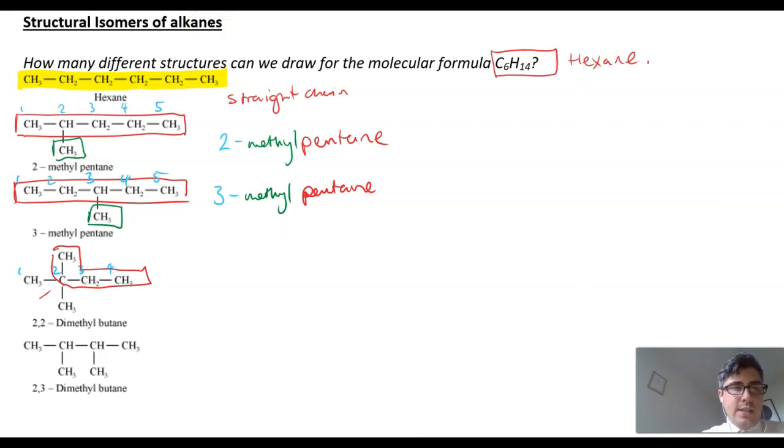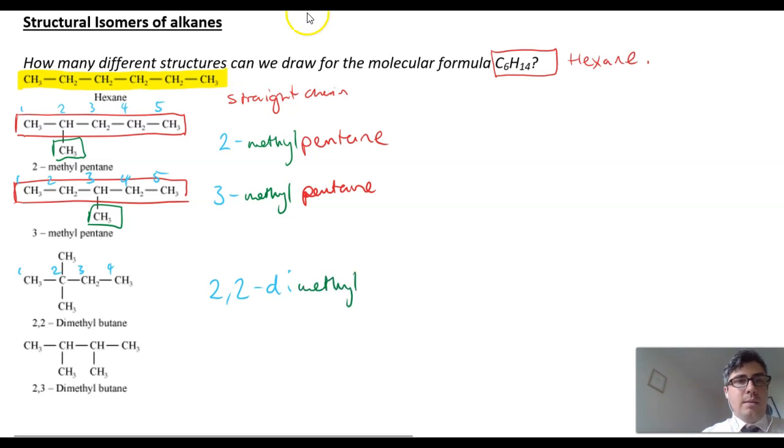They're always on this second carbon, no matter which way you draw them. You can try all 3, and either way you're always on the second carbon. So this one is 2,2 di, and then you've got your methyl, because it's 4 carbons, this time it's butane.